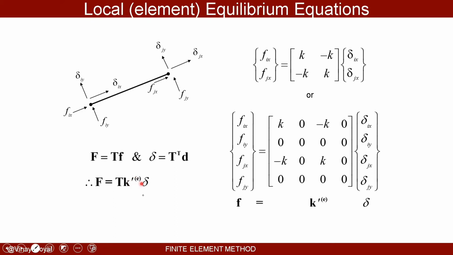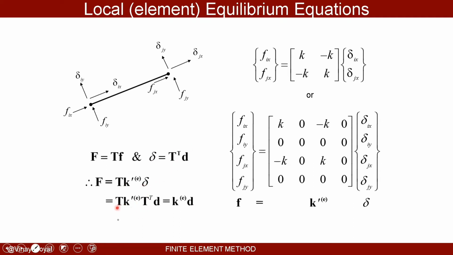But in addition to that, del is this, so I can plug that in here. I get f bold equals T bold, K prime in the local element system, these spring values, times del, and del is that, so I get this equation.